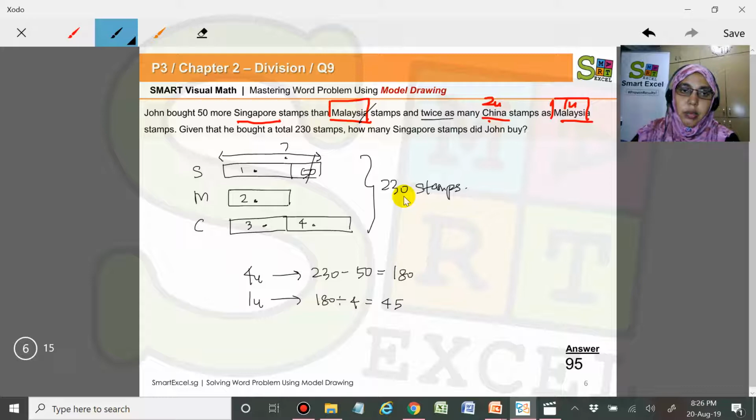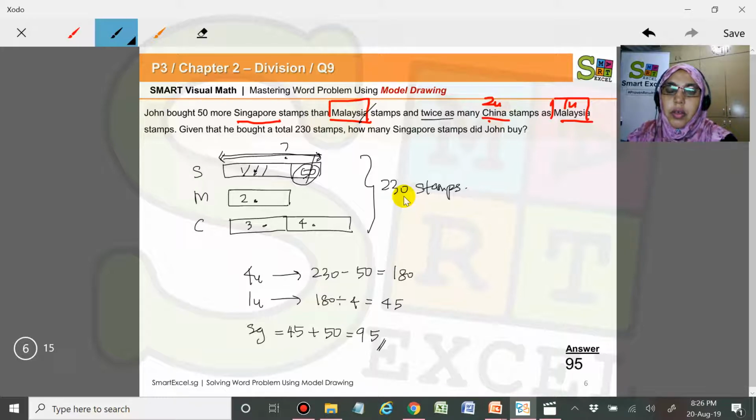They want Singapore, which is here to here, the 1 unit plus 50. So for the Singapore stamps, it's 45 plus 50. So the answer is 95.